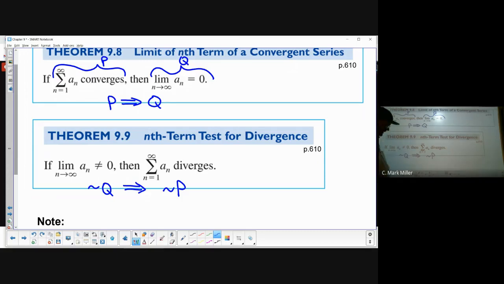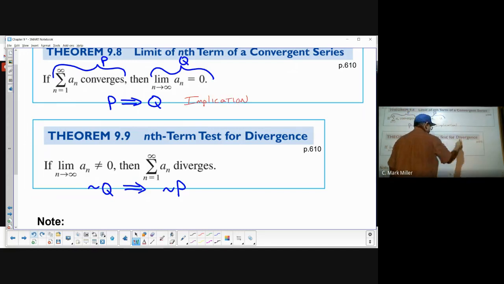Let me give you a little, if this is called a statement, I'm going to do it simple. I'm going to call it an implication. This is called the contrapositive of that implication. You don't have to know this.